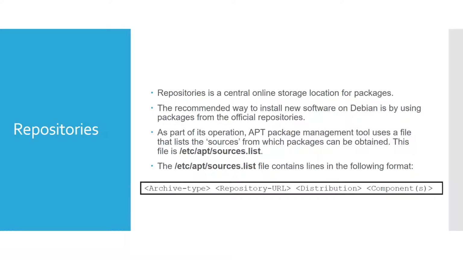It's about repositories. Why is the repository important? A repository is a central online storage location for packages, normally shared on the internet. We can just Google the sources.list for Debian 9, for example.